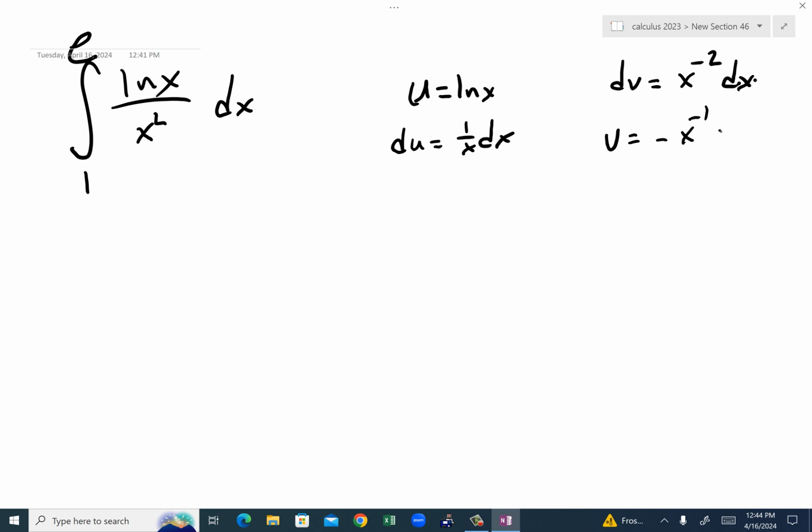So you do the integral of 1 over x squared, so x to the negative second.